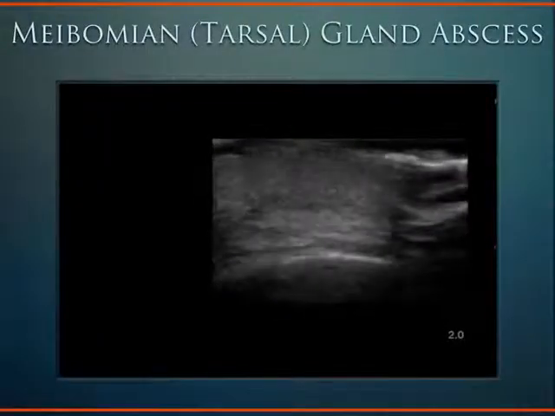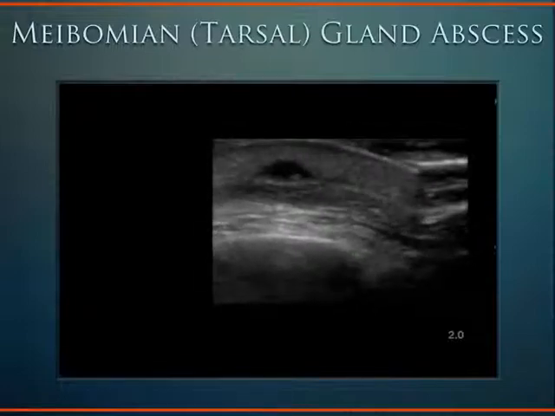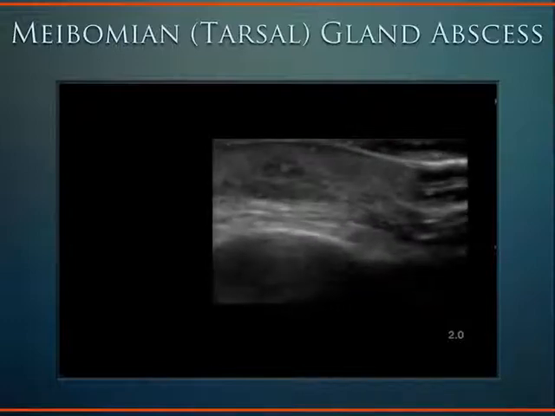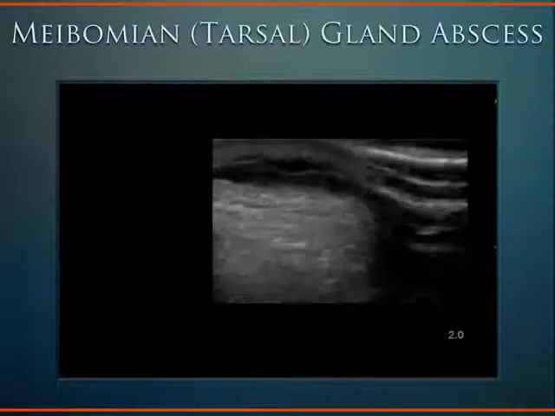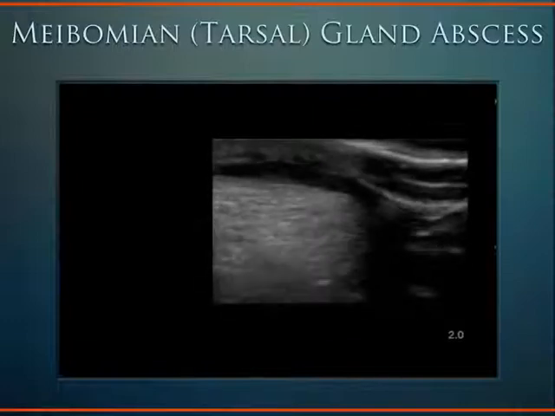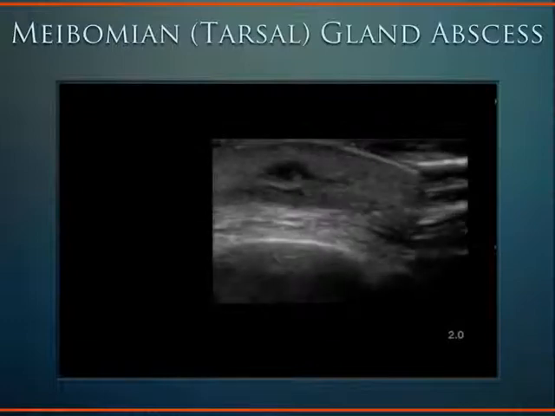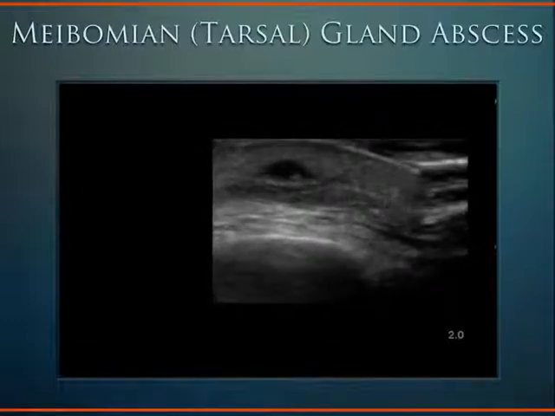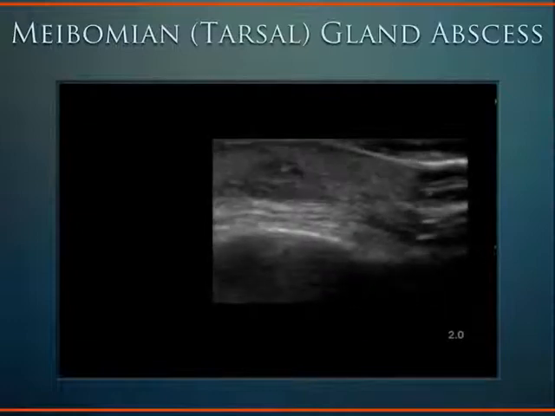So we'll start at the head. This is an example of a meibomian gland abscess. The meibomian glands, sometimes called tarsal glands, are a special kind of sebaceous gland along the rim of the eyelids inside the tarsal plate. They make meibum, an oily substance that prevents evaporation of the eye's tear film.